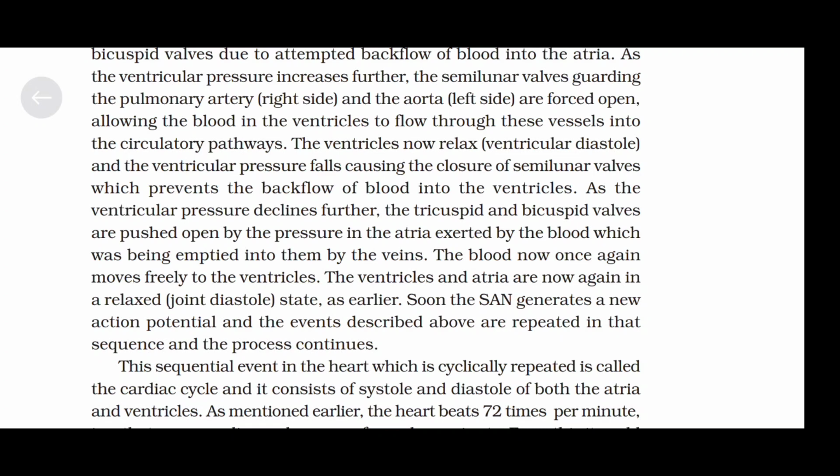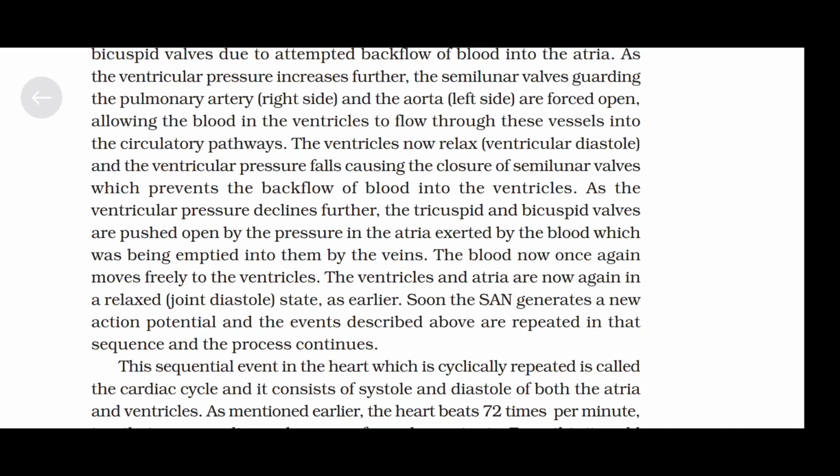As the ventricular pressure declines further, the tricuspid and bicuspid valves are pushed open by the pressure in the atria exerted by the blood which was being emptied into them by the veins. The blood now once again moves freely to the ventricles. The ventricles and atria are now again in a relaxed joint diastole state as earlier.